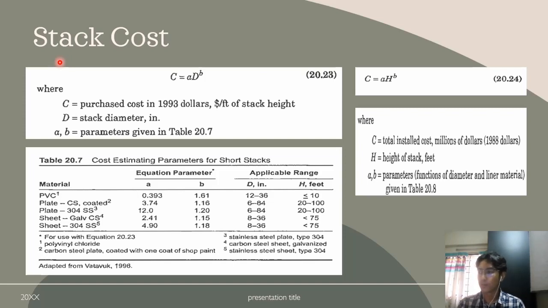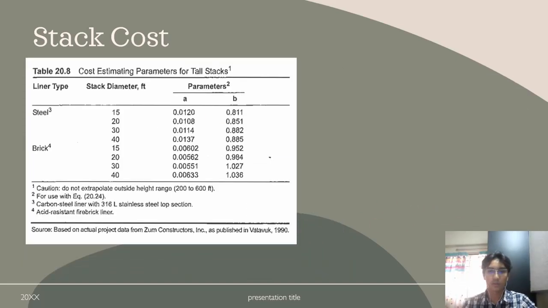The cost of a tall stack is more site-specific than that of a short stack, and we can calculate the cost of tall stacks using equation 20.24, where C equals the total installed cost, in millions of dollars, H equals the height of the stack in feet, and A and B equal the parameters, functions of diameter and liner material, given in table 20.8. Shown here is table 20.8, which is the cost estimating parameters for tall stacks.